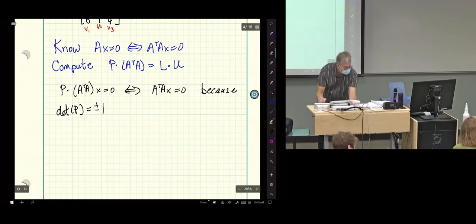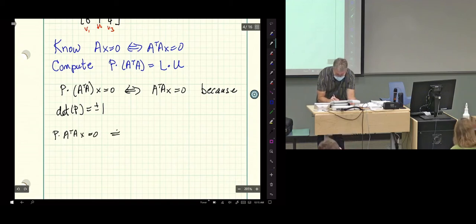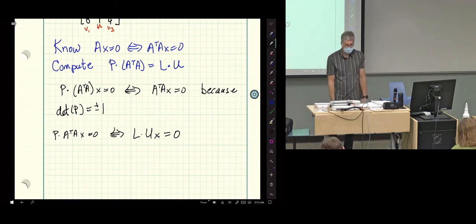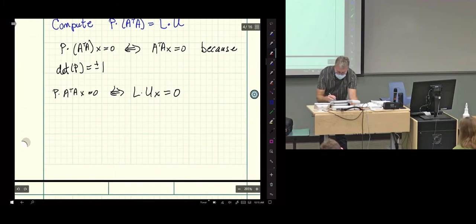Okay. And then P times A transpose AX is equal to 0 if and only if L times UX equals 0. But L is unitriangular. Remember, it has ones on its diagonal.